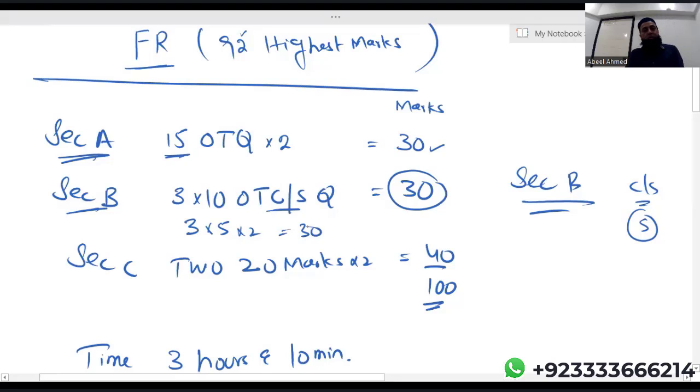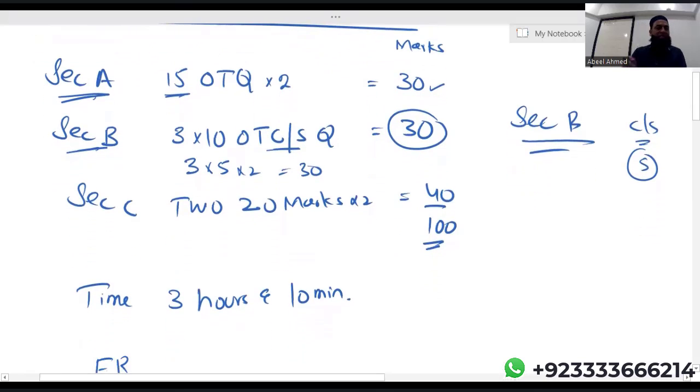Now let's talk about section C. In section C, students, you will have 2 long questions. And obviously, one question will have 20 marks. So section C is having 40 marks. So this is how they have divided FR.